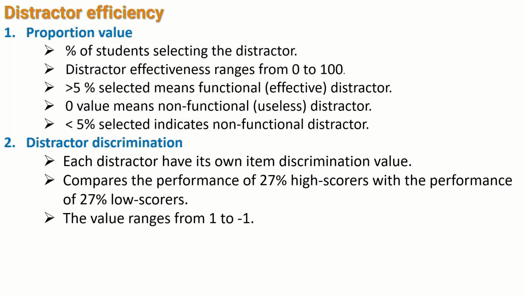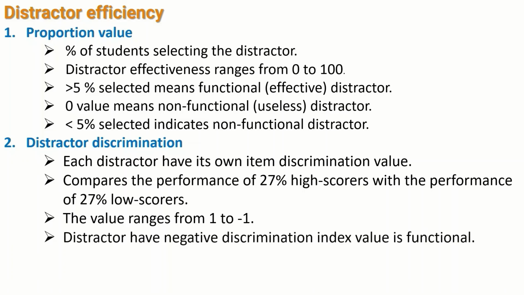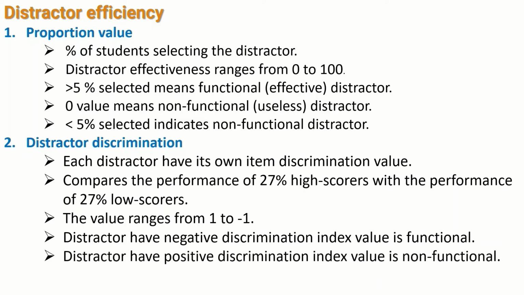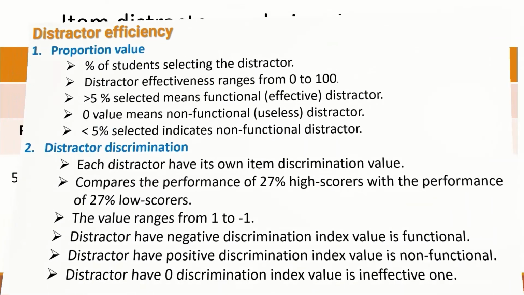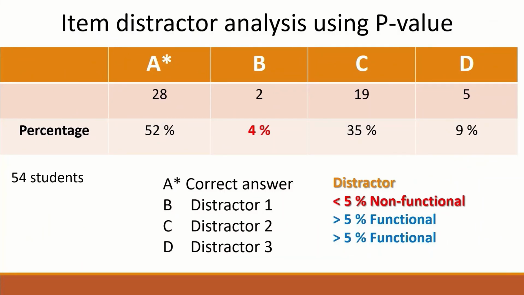The value ranges from 1 to -1, and a distractor that has a negative discrimination index value is considered functional, and a distractor that has a positive discrimination index value is considered non-functional. A distractor with a 0 value of ID indicates that it is an ineffective one that needs to be replaced, rephrased, or rewritten.